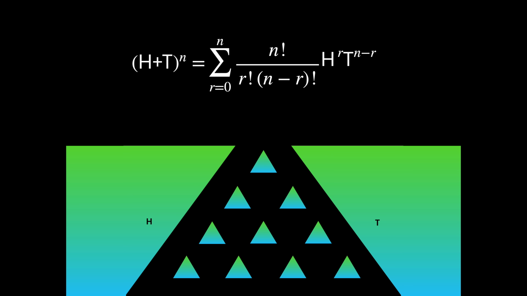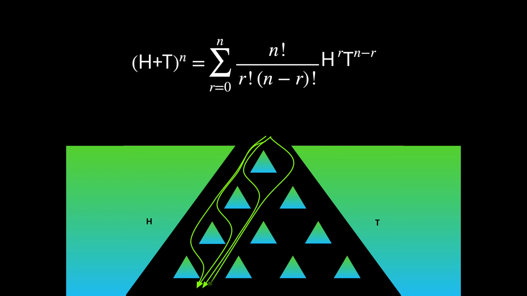So if you want all heads, there's only one pathway that'll get there. You have to go head, head, head, head. If you want one tail, you could get there that way, that way, that way, or that way. Four ways of getting there. And again, that is what the binomial theorem is doing mathematically. If that isn't completely clear now, when you read the book we expand on this in more detail.